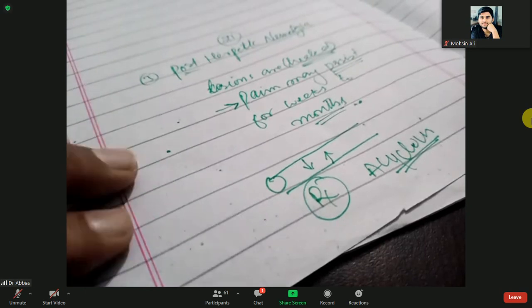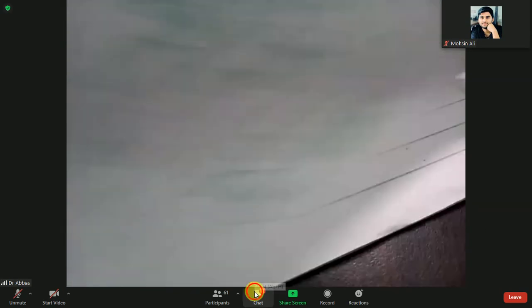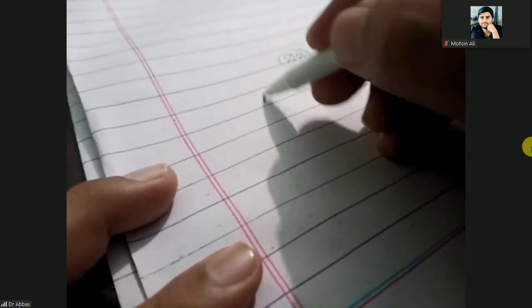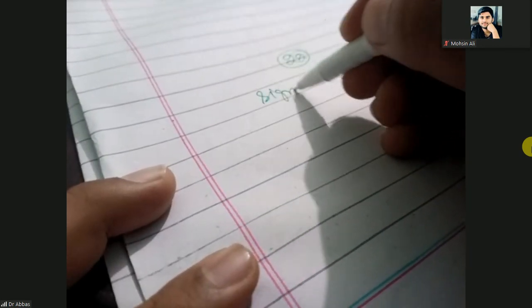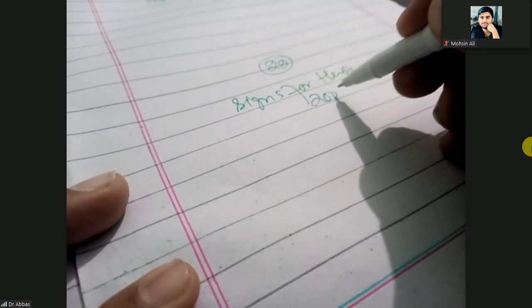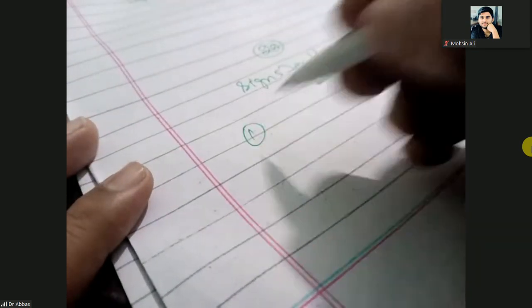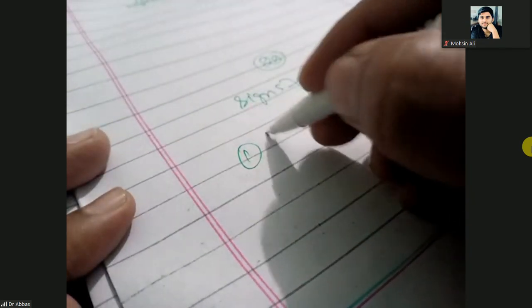Okay, the next one is some signs, the herpes zoster signs. What are the signs for herpes zoster? The first sign is the Hutchinson sign.